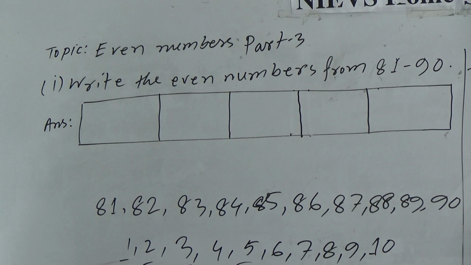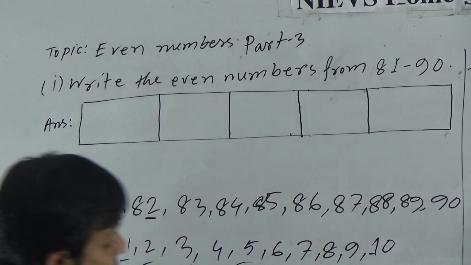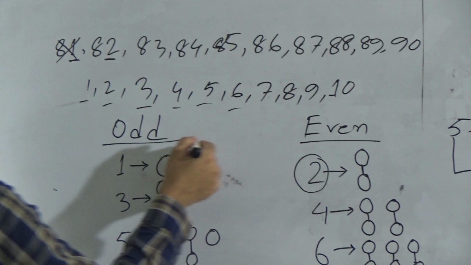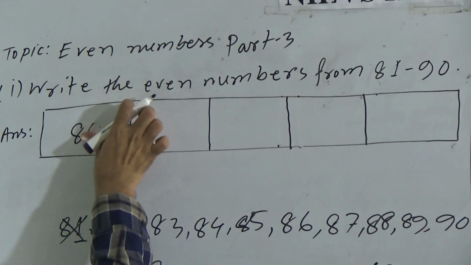Students, now see, the ones place of 81 is 1. 1 is not even, this is odd. 82, here the ones place is 2. If it is 2, then this is even. So we have to write 82 as even.